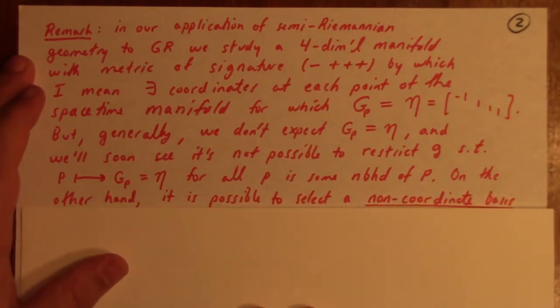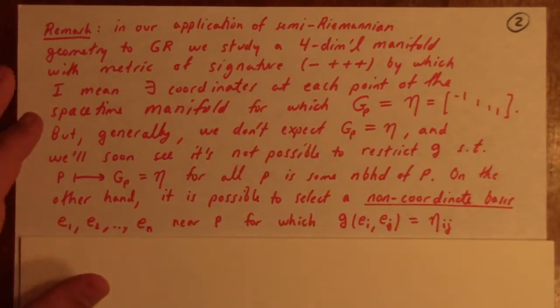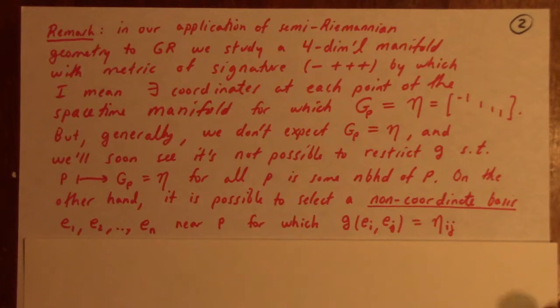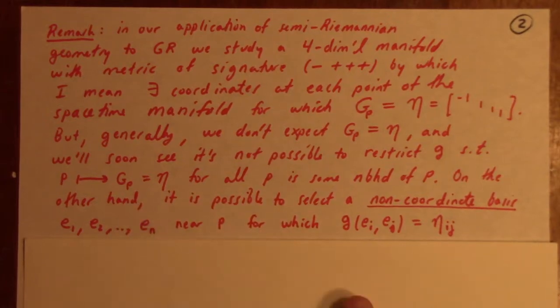On the other hand, it is possible to select a non-coordinate basis for which the matrix with respect to that non-coordinate basis is eta. Now, I might be wrong about this. It seems like if that's true, then that's true. I mean, I said this. I haven't really, though. I think that this sentence is wrong.